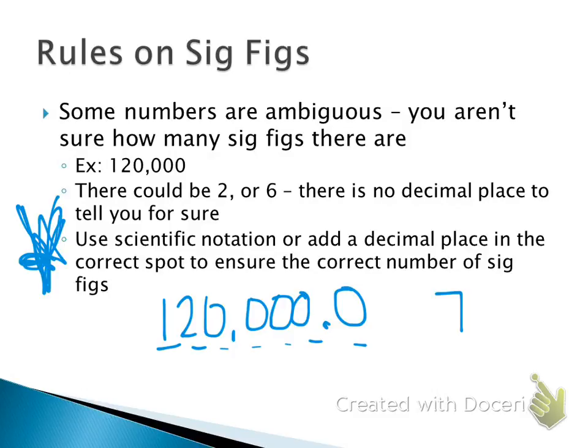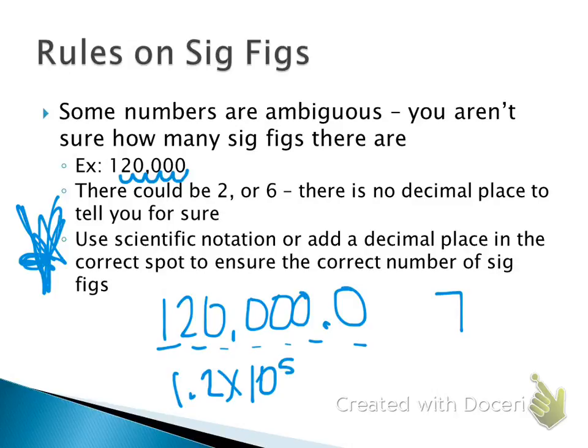If I think it's just in the 120,000 range, what would be the better fix? Using scientific notation or using the decimal point? If it's in the range, let's say it's 119,950, I'd want to use scientific notation, so I might say 1.2 times 10 to the what? Fifth. 1, 2, 3, 4, 5.